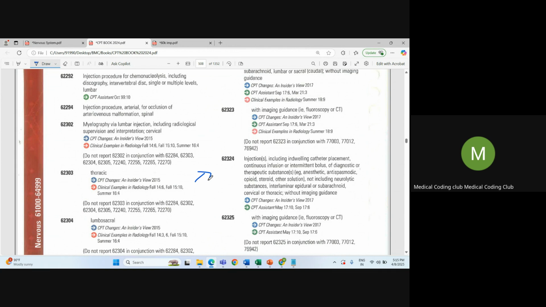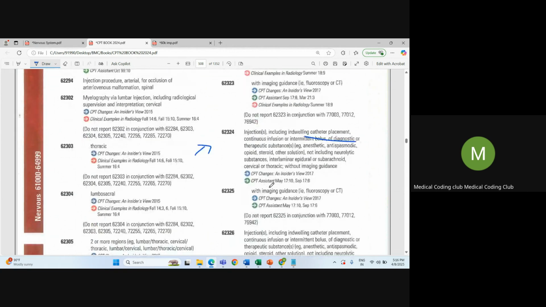But here we are talking about a catheter. So indwelling catheter means a continuous catheter, continuous drug infusion will be there. A catheter is like a soft kind of thing, so it will reach multiple levels, not only a single level.